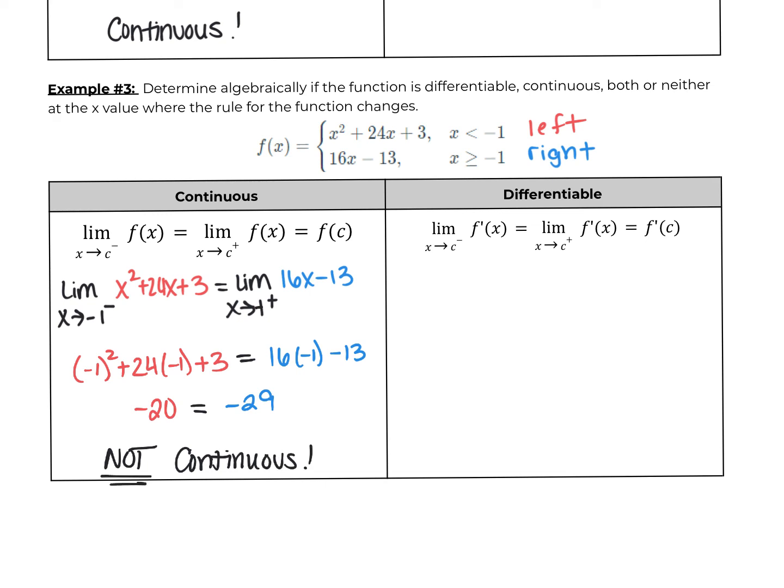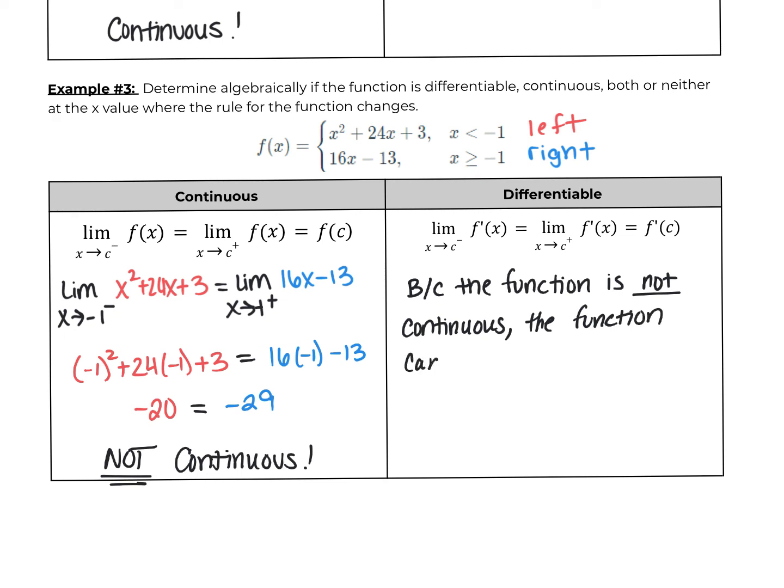And honestly, that helps us tremendously for differentiability. So the definition of a differentiable function is that it must be continuous first. So you can say, because the function is not continuous, the function cannot be differentiable.